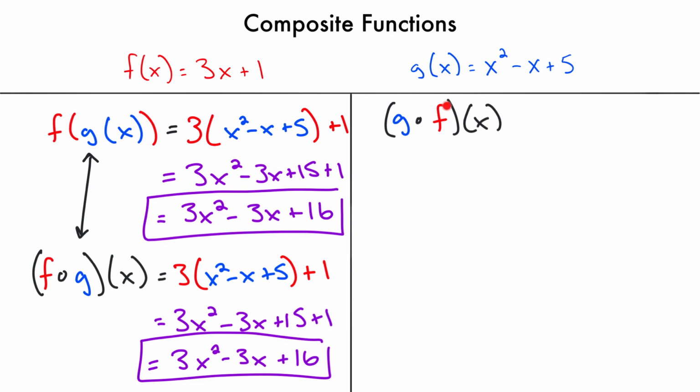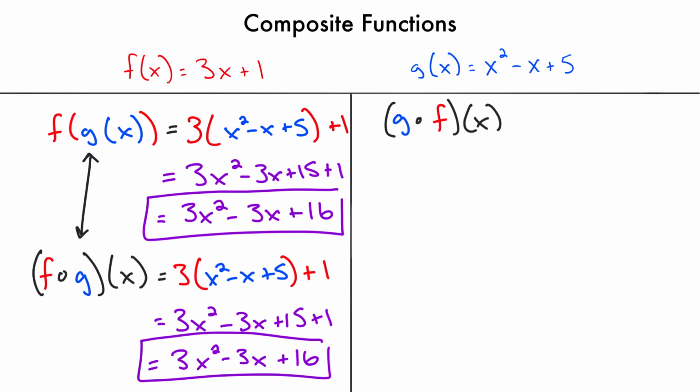I am going to take the function f and plug it into the function g, and I'm going to get an entirely different value. Now the function g has two x spots, so I actually have to plug the 3x plus 1 into this function twice.